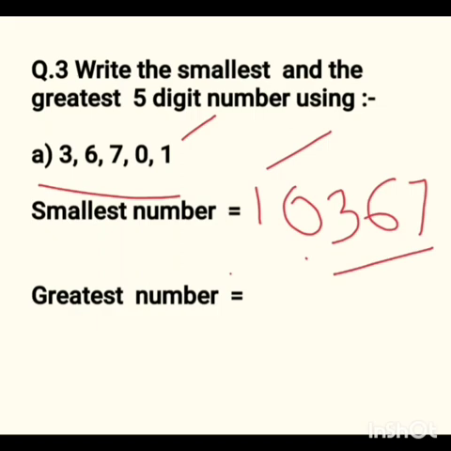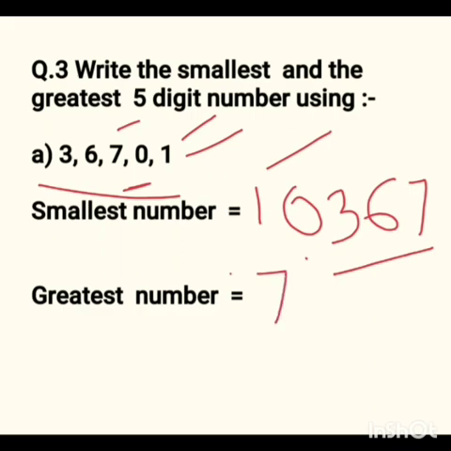Now the next is how to make the greatest 5-digit number. Now I start from the largest digit, right? So we have to arrange these digits in descending order, which means largest to smallest. Now 0 is the smallest above all the digits. The greatest digit is 7 here.